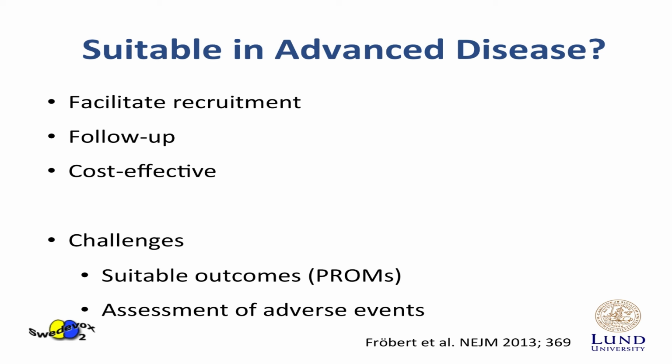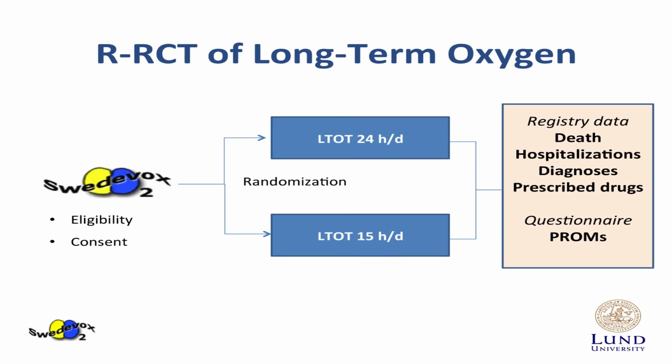But we have plans to, and we've got ethical approval now for doing a registry-based randomized trial using the Swedevox registry of oxygen patients in the home. So, as I said, whether they are eligible, the criteria there are that they are fulfilling the criteria for home oxygen therapy in Sweden.